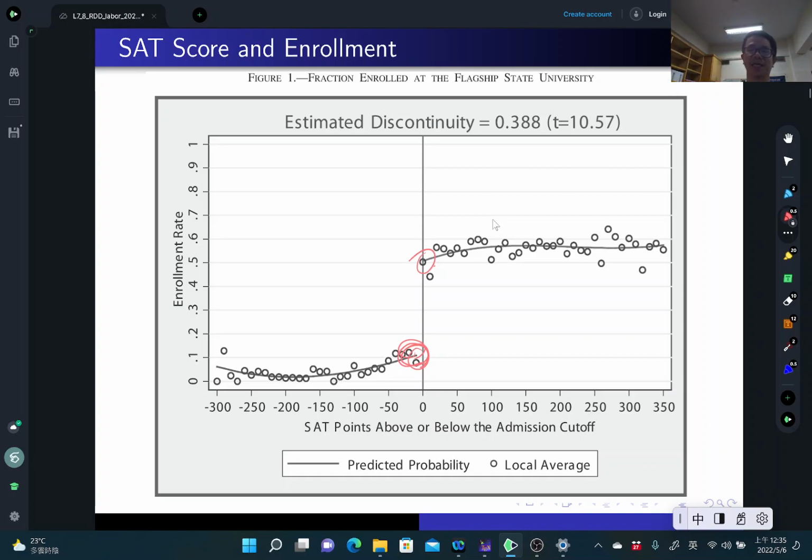But in any case, the probability of attending the good school has a discontinuity around the cutoff. That's very important: you need to make sure the treatment assignment really changes around the cutoff.